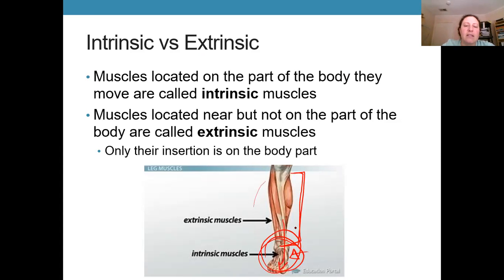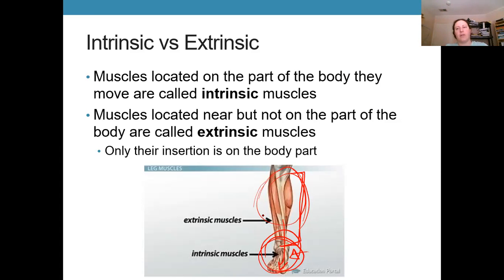But because the muscle itself is not located on the foot, they are considered extrinsic foot muscles. Same thing on my hand. I have muscles in my hand that are intrinsic because they're in my hand and they move my hand. But I also have muscles on my forearm that move my hand, but they are located here, so they're extrinsic.